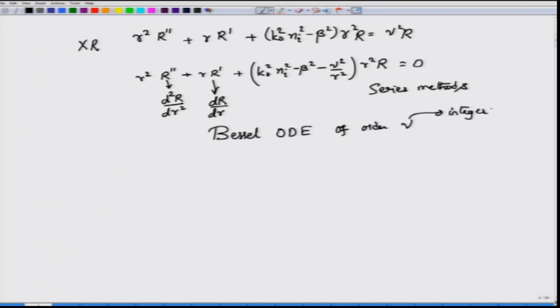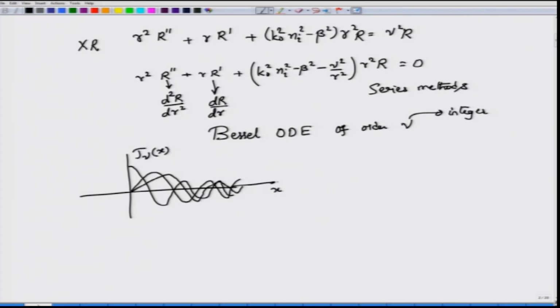Okay. Now, there are different types of Bessel functions. The ones that are actually useful for us will be called Bessel functions of the first kind and Bessel functions of the second kind. So, these are the different Bessel functions, you must have seen them. So, if this is some J nu of x, this is x, okay, x is the independent variable, the function here is nu equal to 0, the function here is nu equal to 1, the function here is nu equal to 2 and so on.